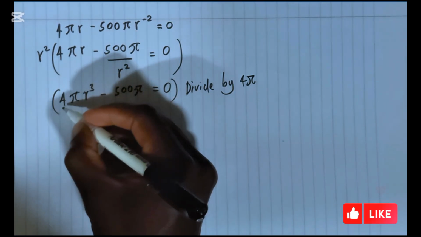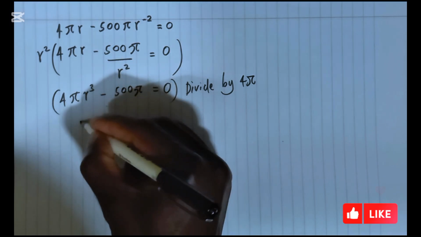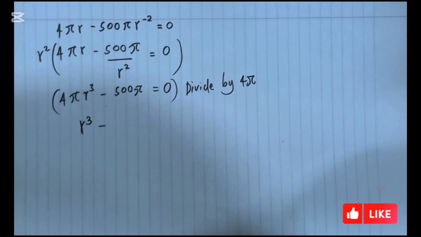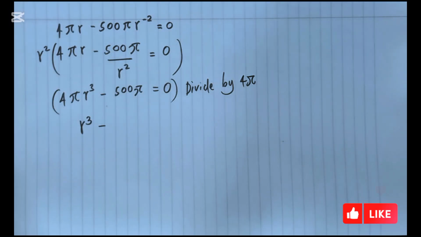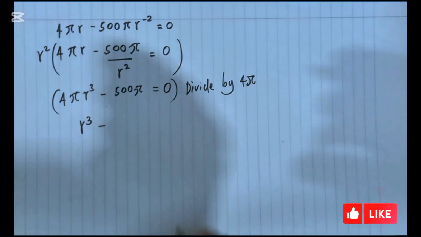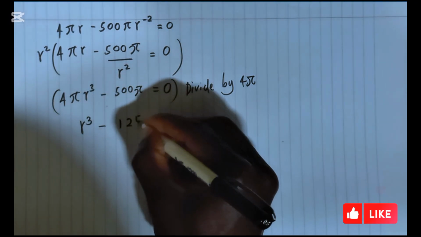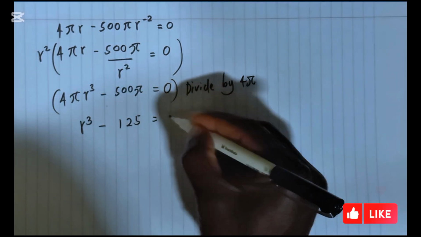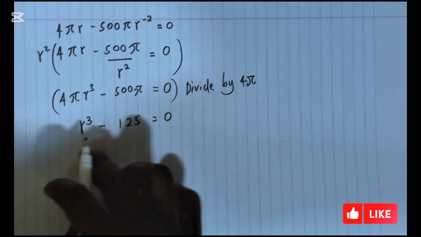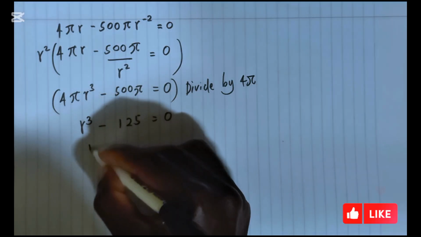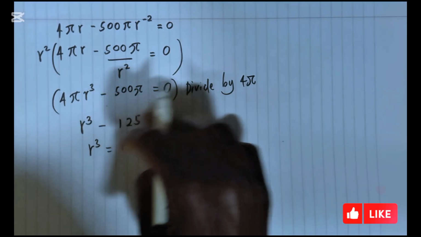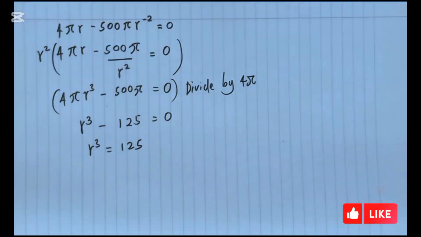When you divide this by 4 pi, we're going to remain with r cubed minus, so 500 divided by 4 pi is going to give us 125, of course the pi will simplify, and so 125 equals 0. So we then notice that r cubed will be equal to 125. We take the negative 125 to the right hand side.